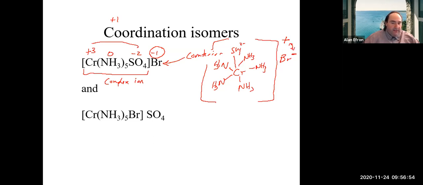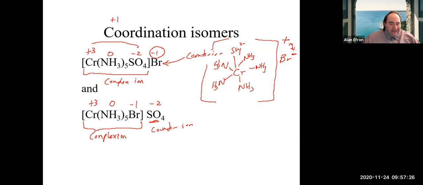And the second coordination compound here, again, this is our complex ion part. The sulfate here actually is acting as our counter ion. In this particular case, if we go through everything, NH3 is 0, Br is -1. Our counter ion is actually -2 on the outside. And that means, again, here we have +3 for our chromium.